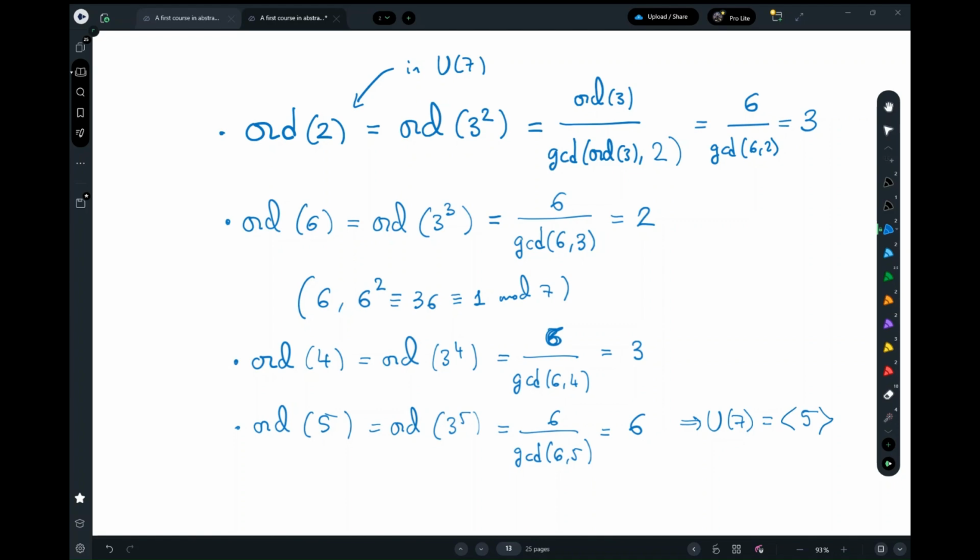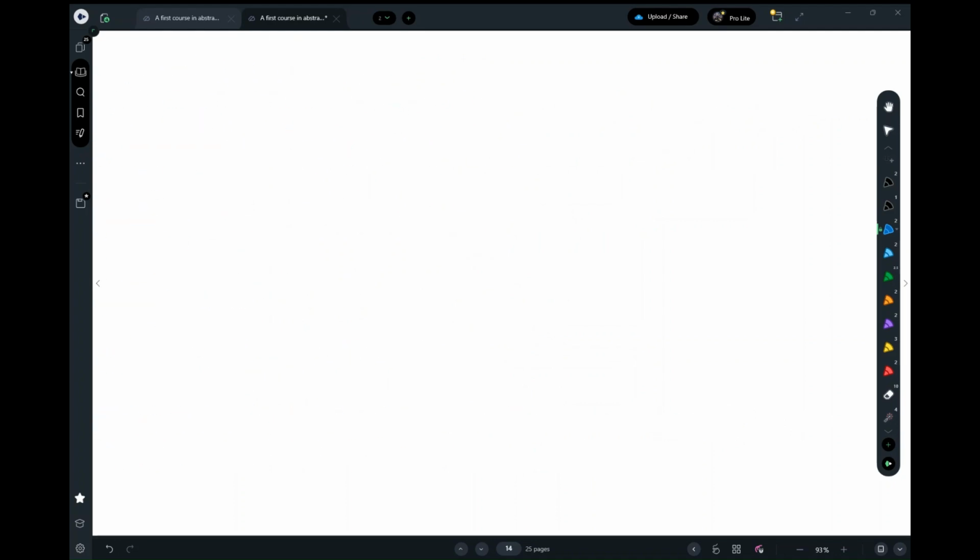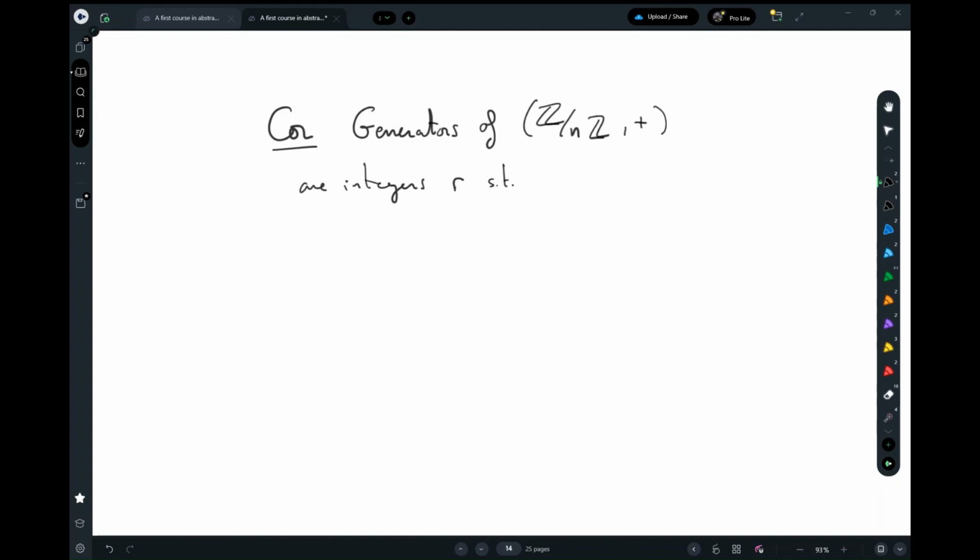So let me just then finish with two results that I'm not going to prove, but you can, using what we've just seen, prove. First of all, the generators of Z modulo nZ under addition are the integers r such that r is between 1 and n, and the GCD of r and n is 1.